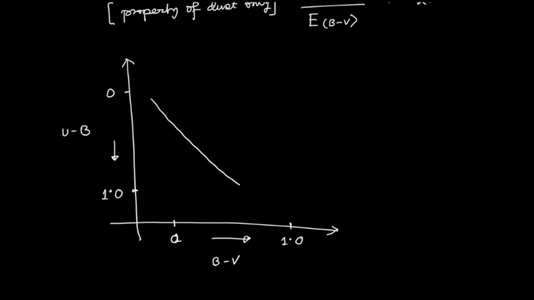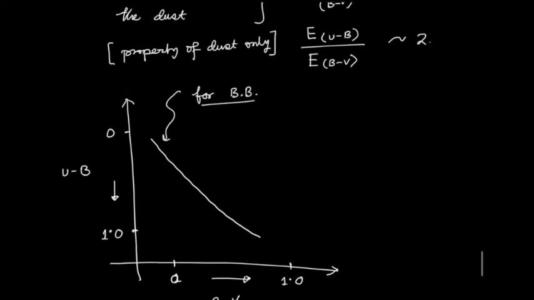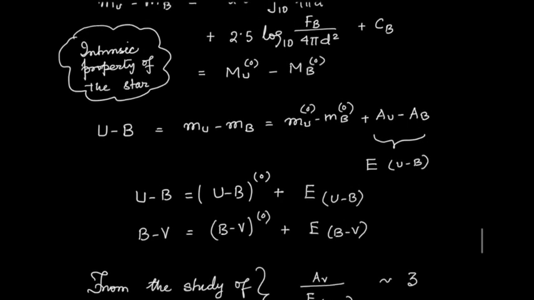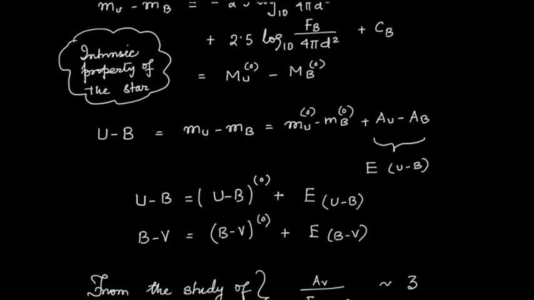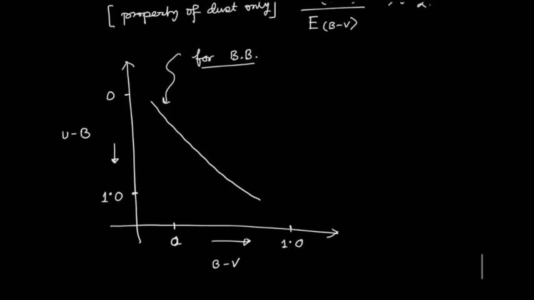One can figure out clearly that, so this is for a black body. If the star is radiating as a black body, then one can easily figure out what these values U minus B and B minus V are, and plot those. That will give you a line like this.